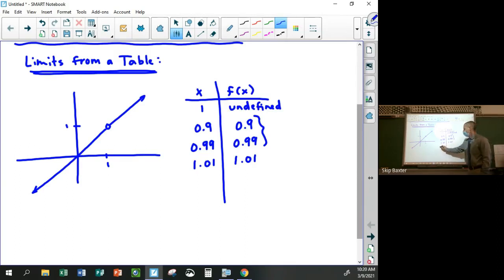If I substitute in 1.0001, that's pretty close to 1. The y value is going to be 1.0001. Again, I can just observe this pattern. I can see that the numbers are getting closer to 1.